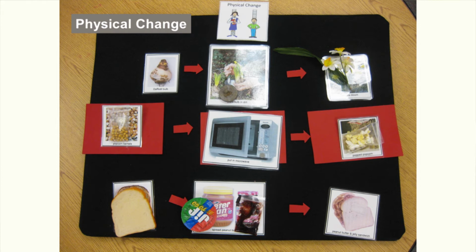If you have the corn, put it in the microwave, you have popcorn. Bread, peanut butter, and jelly make a sandwich. So that's the physical change, how things happen. But you're bringing it to a level that they can understand.